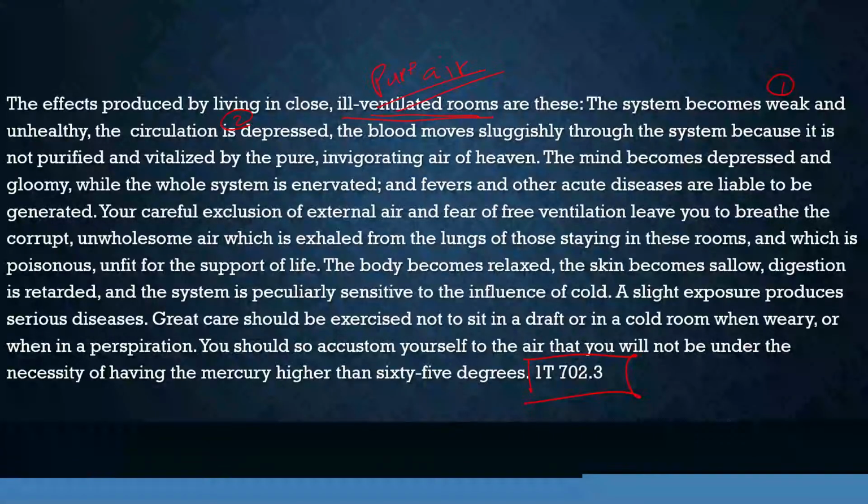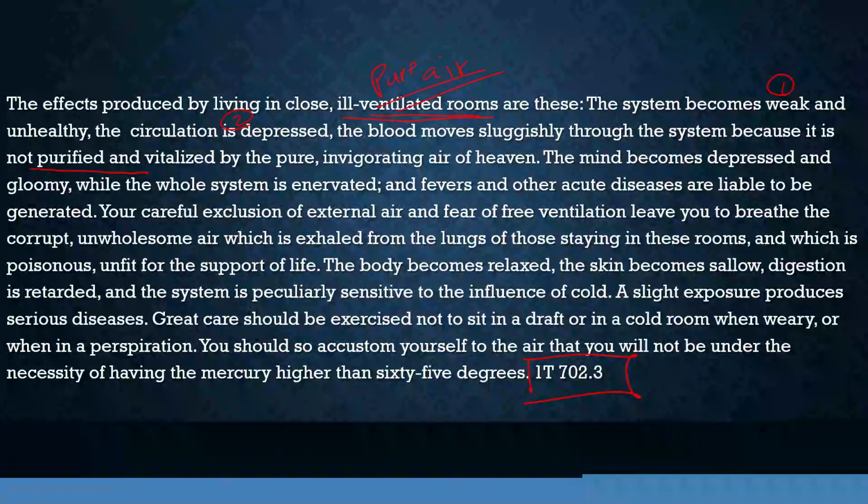when the ventilation is not that proper, then the system can easily become weak and the circulation will definitely be depressed. And what will happen to the blood eventually? When there's no proper circulation of blood, then the blood becomes impure, because for the blood to become pure it has to circulate.